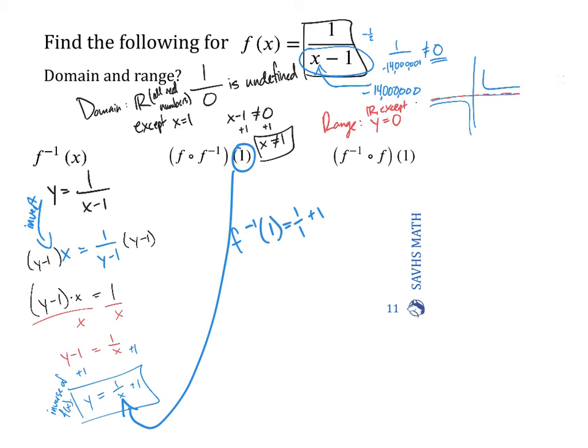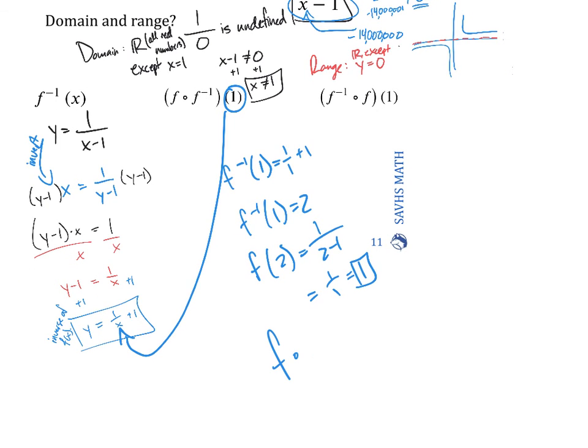So 1 over 1 is 1. 1 plus 1 is 2. Okay. Then we're going to take f of 2. F of 2 is 1 over 2 minus 1, which is 1 over 1, which is 1. So f composed with f inverse of 1 is 1.